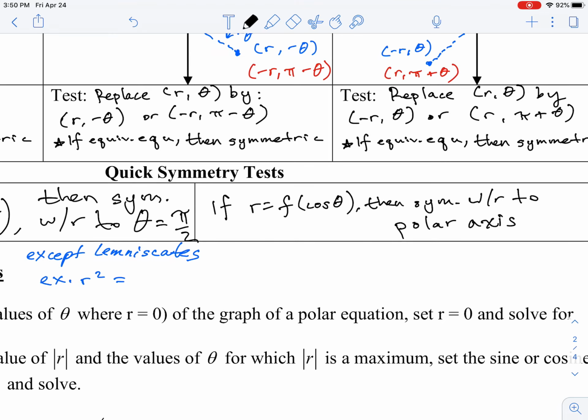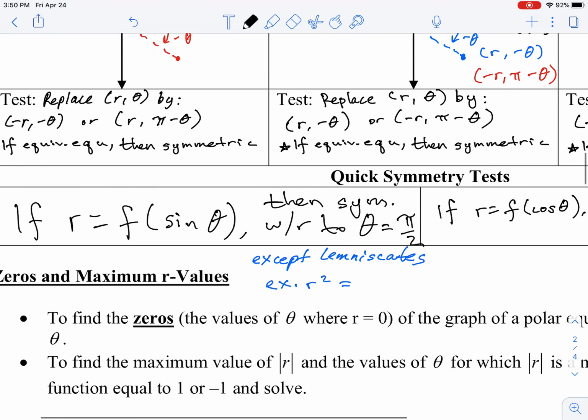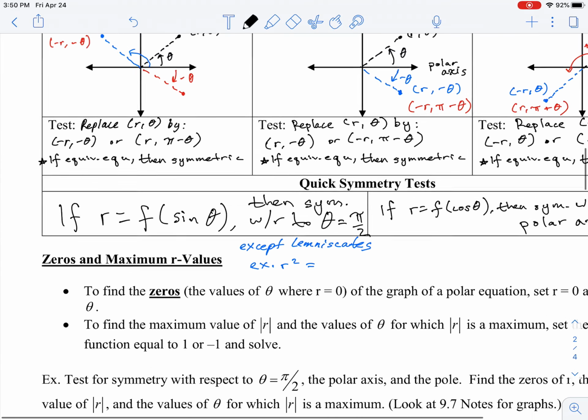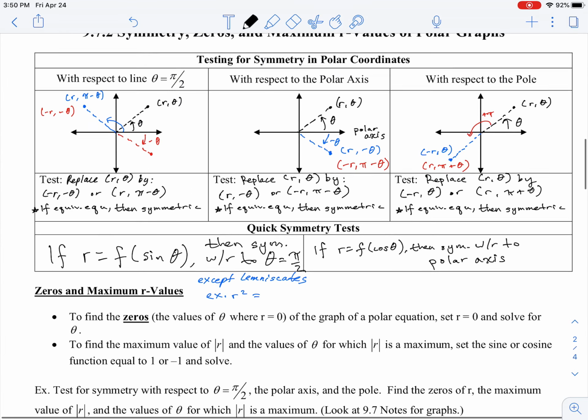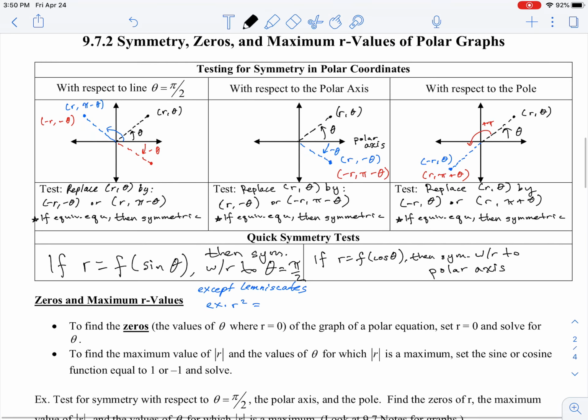It's like the x-axis, so think of x being cosine. If a graph is a function of sine theta, think of sine being associated with y, and the y-axis being the rectangular terms for theta equals pi over 2. So cosine goes with x, sine goes with y. That's one quick way to remember those two quick symmetry tests.